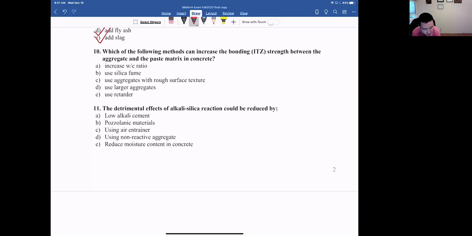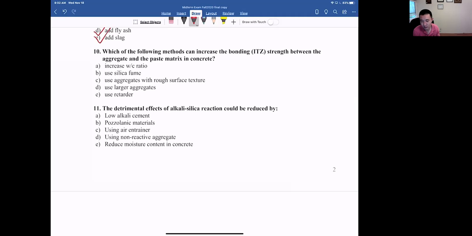B, use silica fume. That will enhance the ITZ, because we use silica fume in high strength concrete. One reason for that is silica fume is a very reactive pozzolanic material. So that will transform calcium hydroxide into CSH in the ITZ. That's the reason it can increase the bonding.